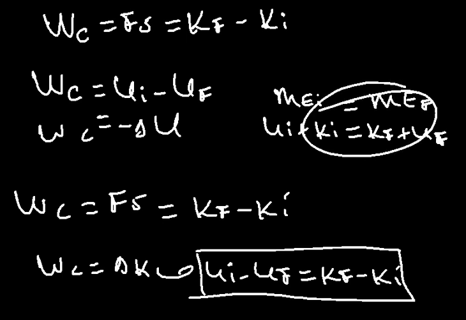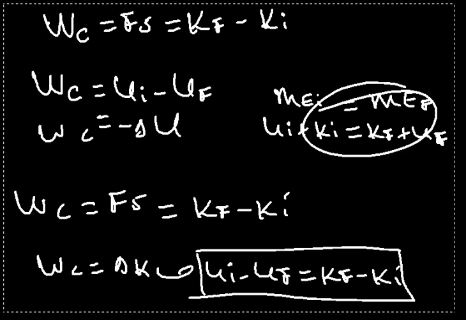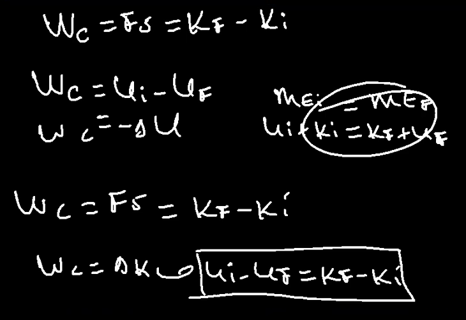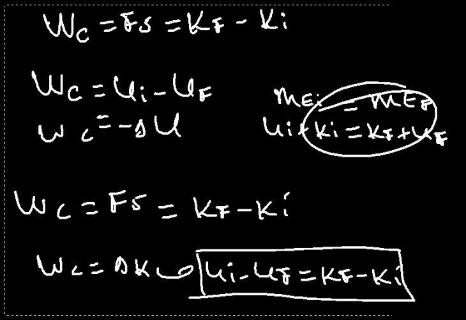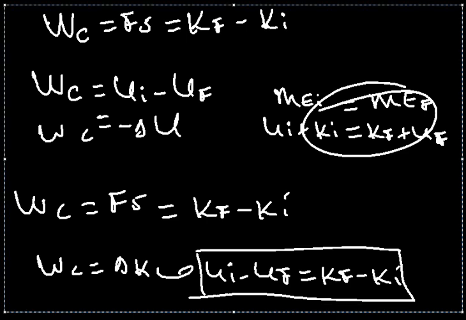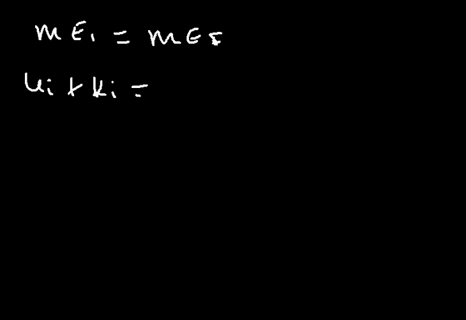So in all cases, for the conservative forces, the initial mechanical energy is the same as the final mechanical energy, which corresponds to the sum of the initial potential energy plus the initial kinetic energy, which is equal to the final potential energy plus the final kinetic energy.